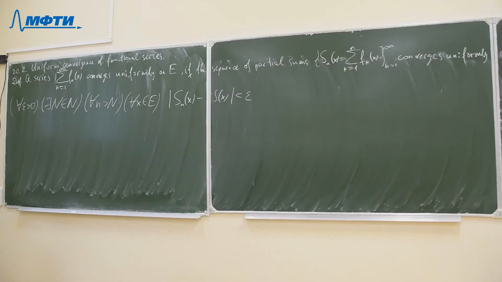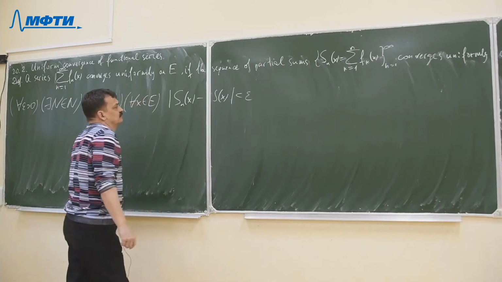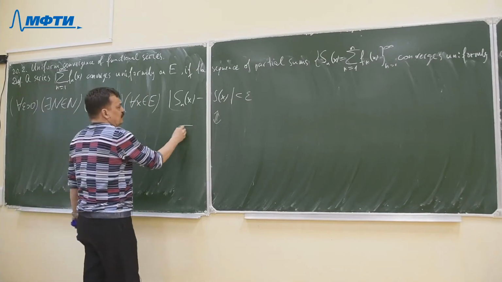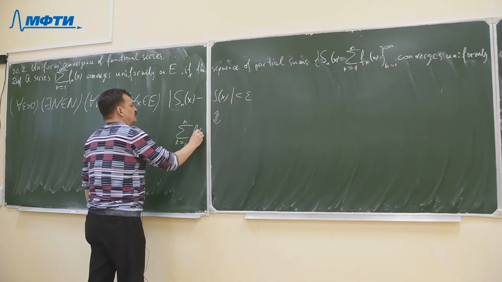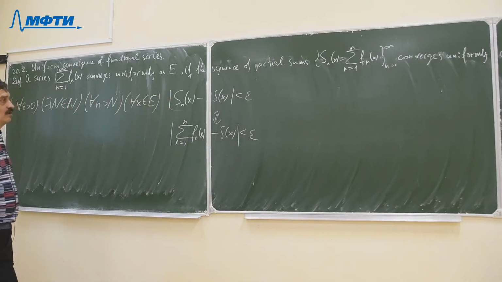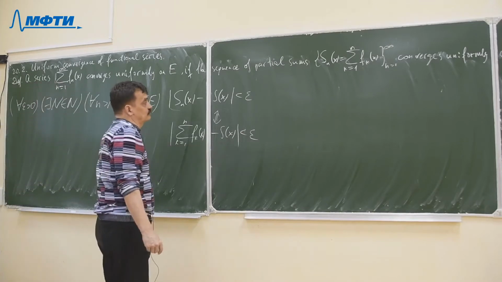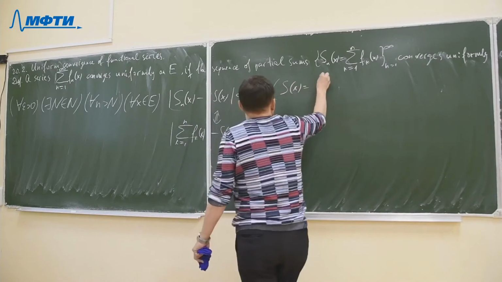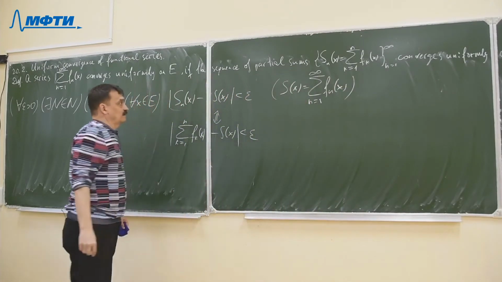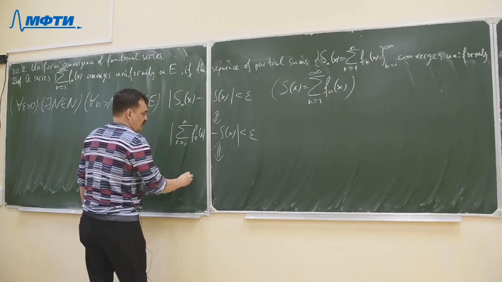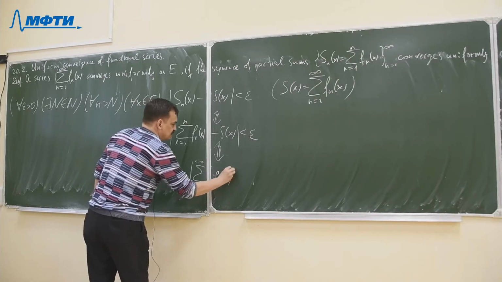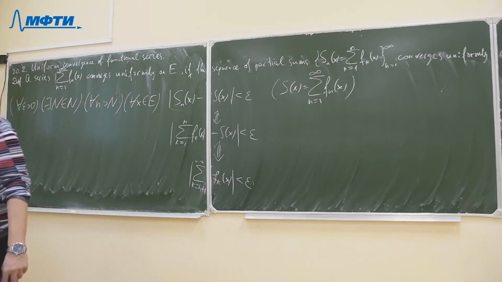Or I can rewrite it in more detail: the sum of fk of x minus S of x less than epsilon. Or, what is S of x? S of x is just the sum of our series, and we can rewrite the last inequality as the sum, k starting from n plus 1 up to infinity, of fk of x less than epsilon. That is the inequality for the remainder.